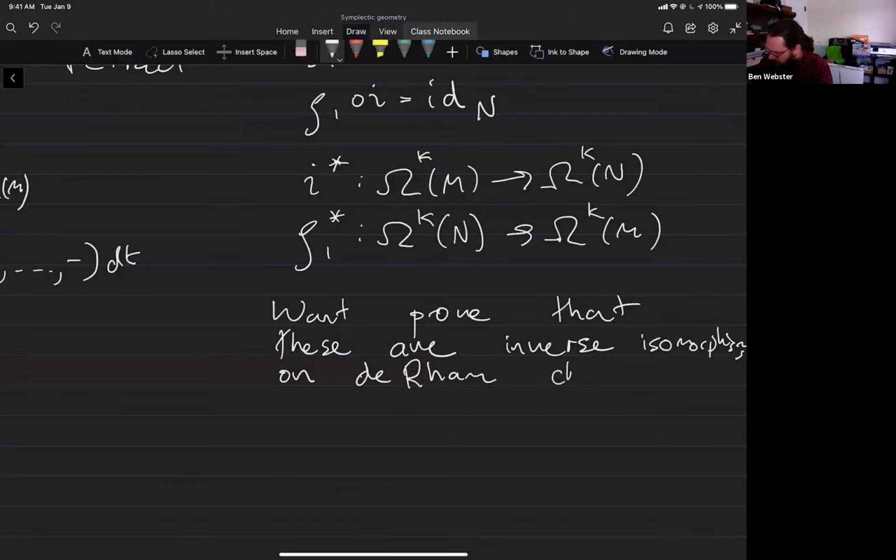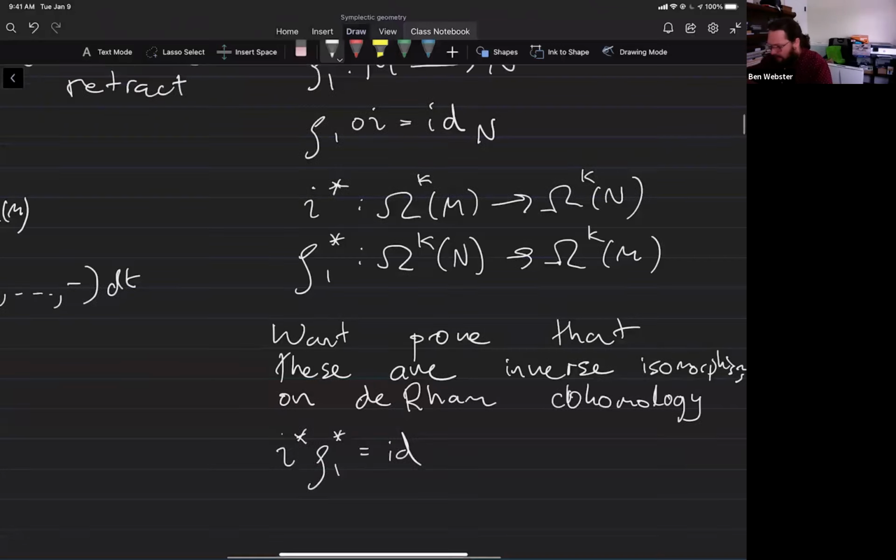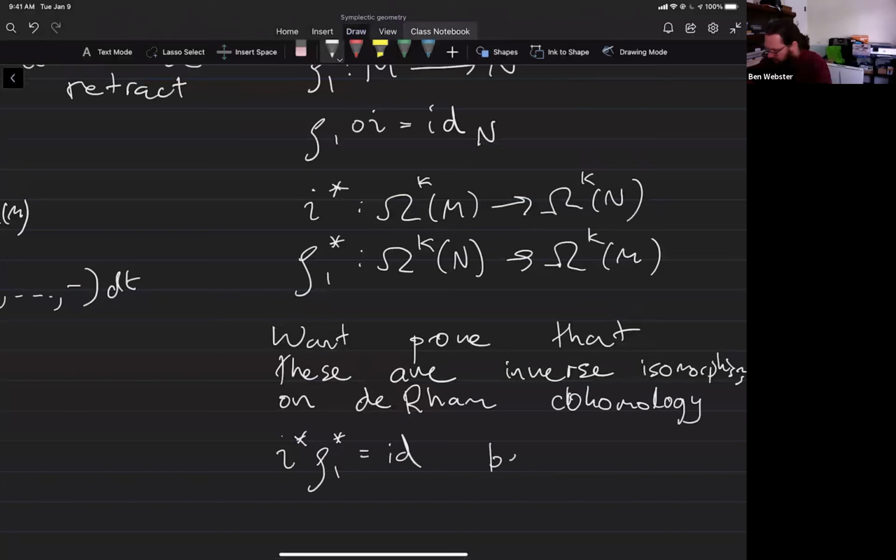Theorem, cohomology. Okay. And if I do this composition, that's definitely the identity because of what I have above.